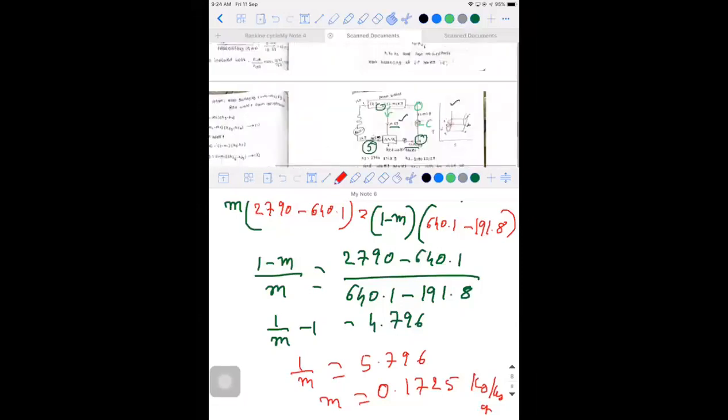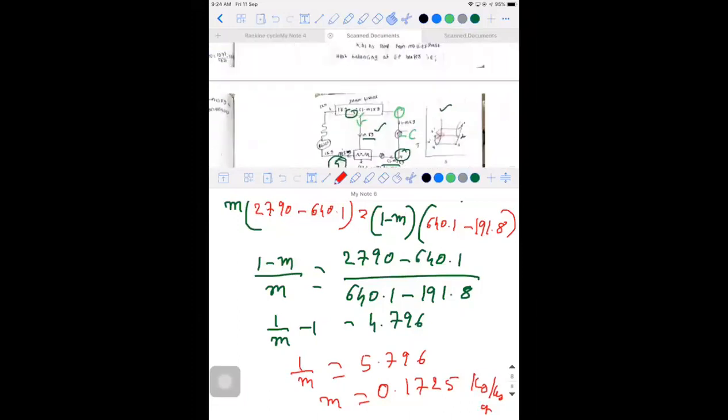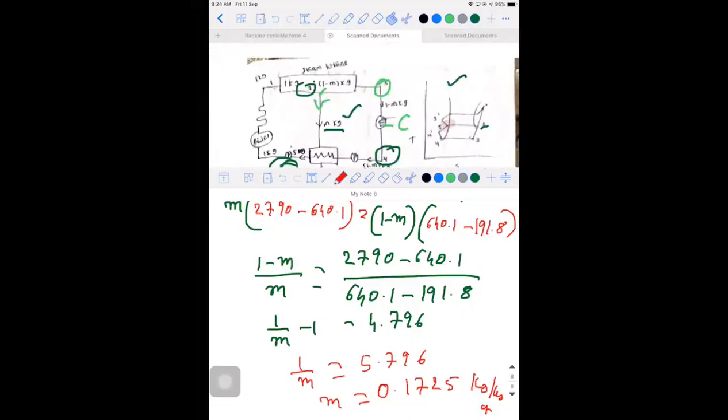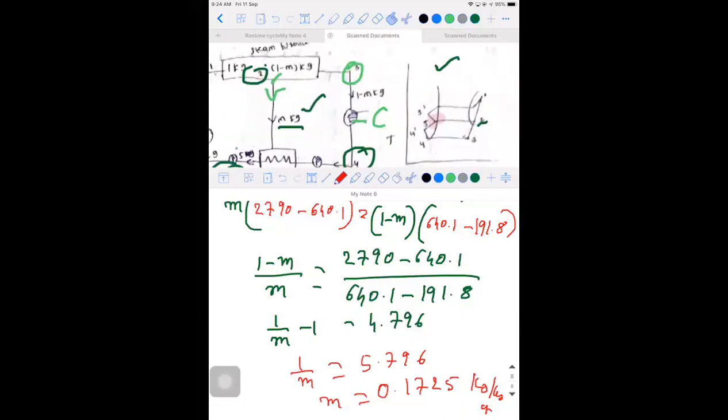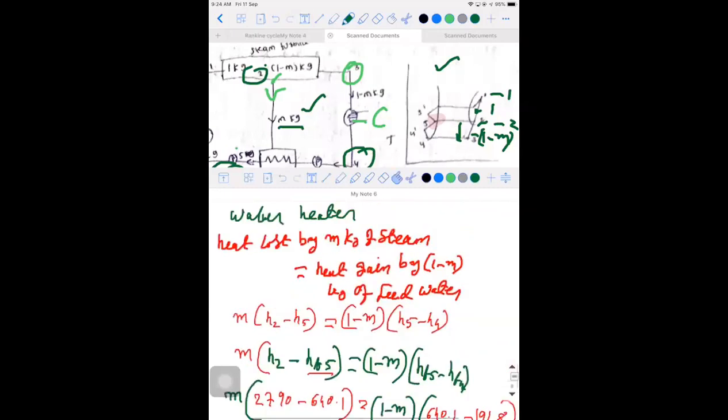Here you can see that 1 kg is expanded from 1 to 2, and 1 minus m kg is expanded from this place to this one. So what is the corresponding? Once again, we get back to our regular diagram, here you can observe.